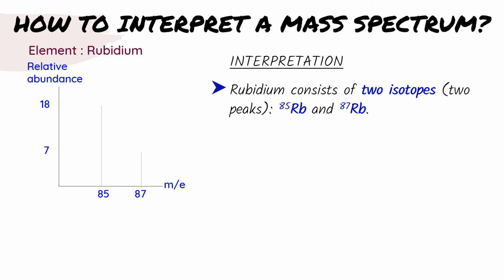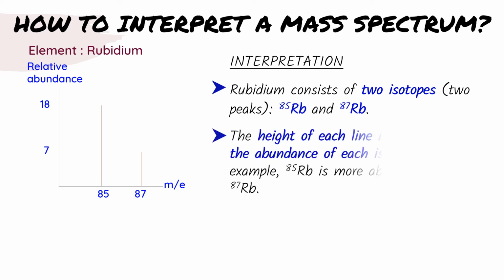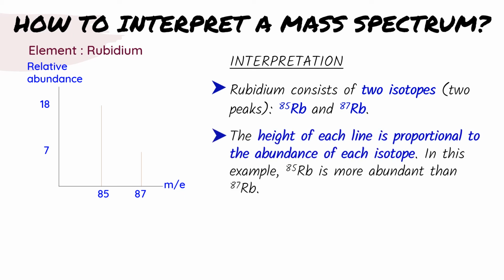Since the spectrum has two peaks, it means two isotopes, rubidium-85 and rubidium-87. The height of each line is proportional to the abundance of each isotope. So in this example, rubidium-85 is more abundant than rubidium-87.